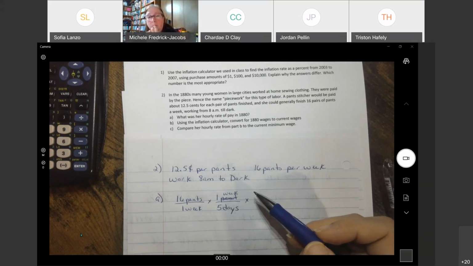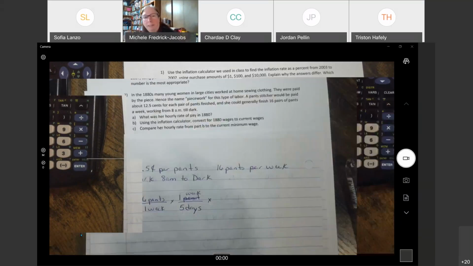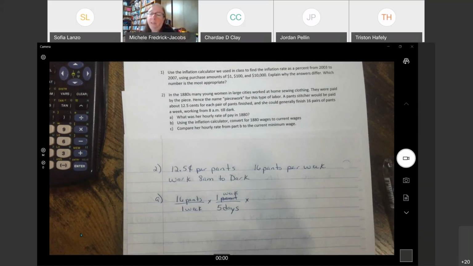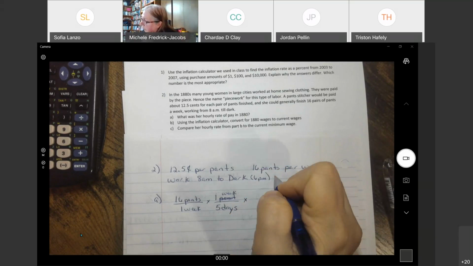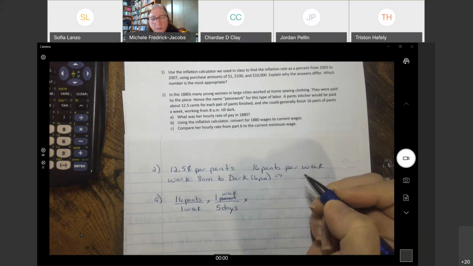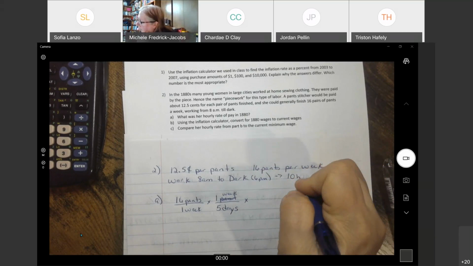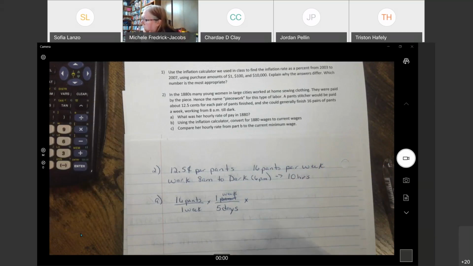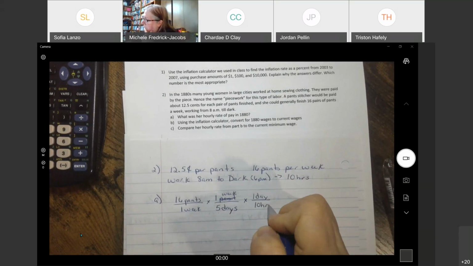What time of year is it? True. Usually dark is somewhere between 5 and 7, right? So we could go in the middle and pick 6. That way it's kind of an average depending on when it is. So we'll say 6 p.m., which is 10 hours. So 1 day is 10 hours.